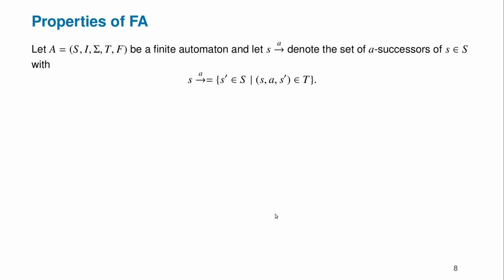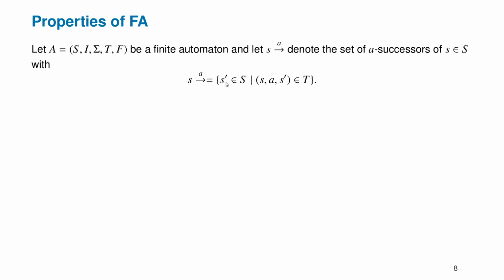And then some other properties which are very important for the characteristics of a finite automaton are summarized on this slide. Before I tell you these properties, we have to introduce the A successor set. If we have a finite automaton, then by S arrow A, we denote the set of A successors of a state S, which is defined as follows.